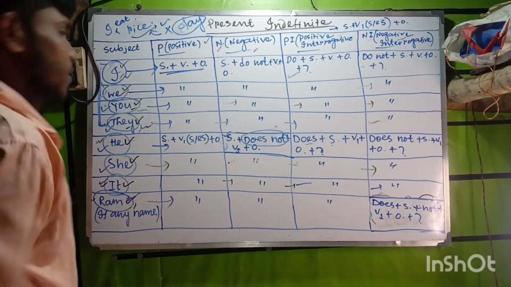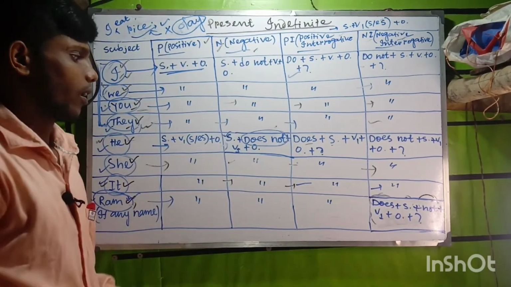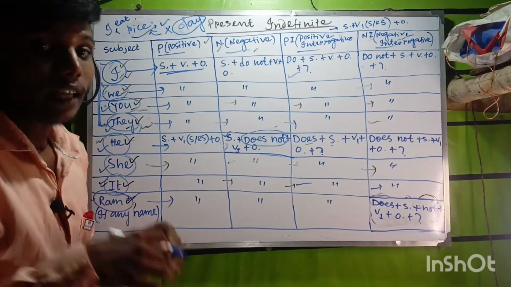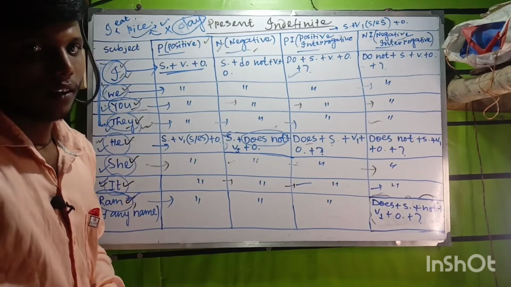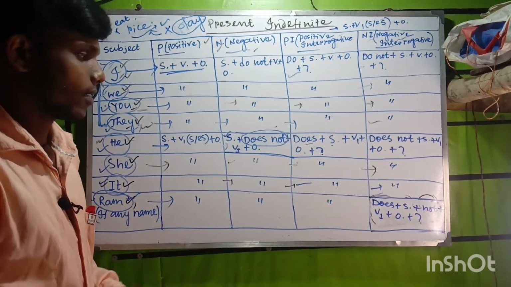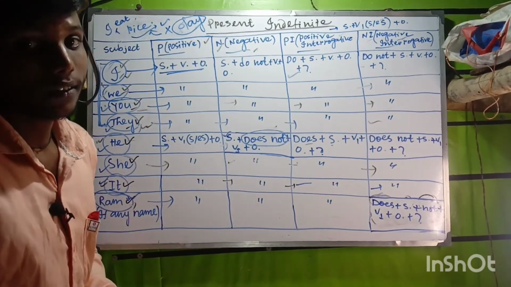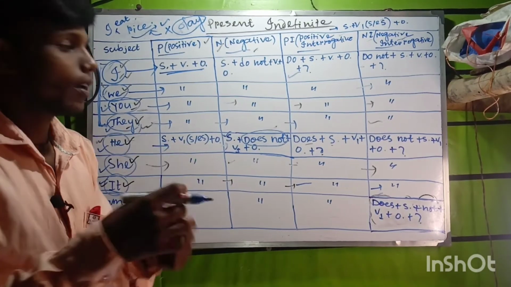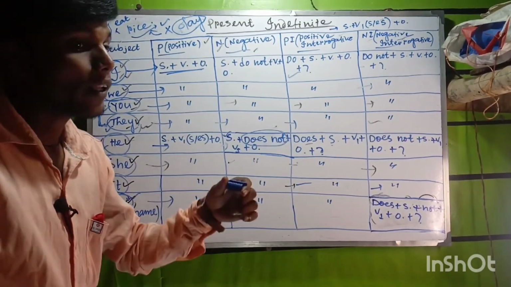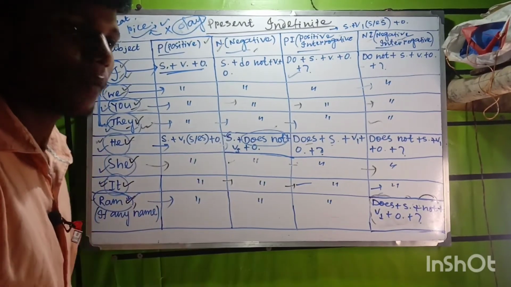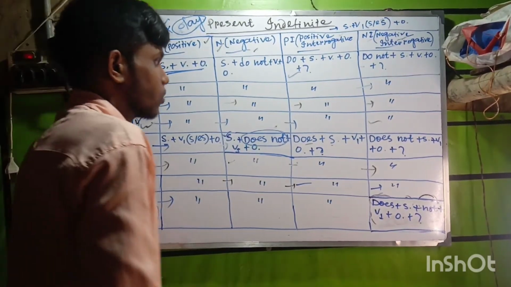He plays. Here, he doesn't play. If I extend, he doesn't play football, he doesn't play cricket, he doesn't play volleyball, he doesn't play chess, etc. Whatever you can do.